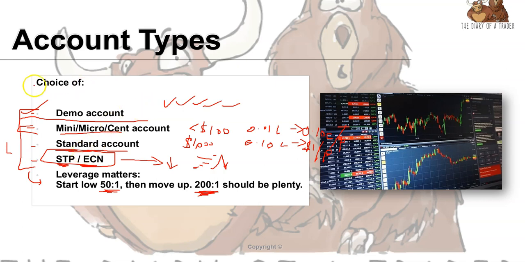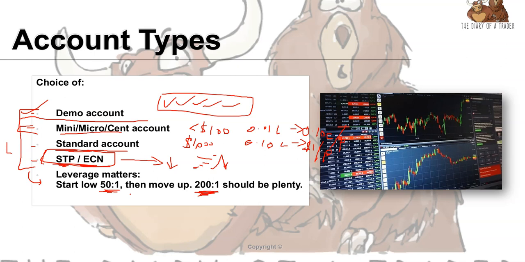But the important part is to have consistency, to have your trading working, and then think about the costs, think about the entries, and the type of leverage on that account that you're going to choose. Whichever account of these you do choose, keep the leverage to a minimum.